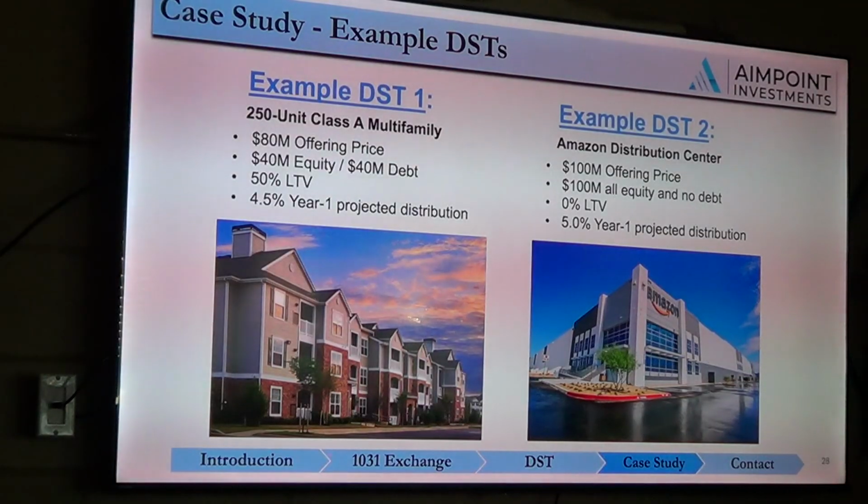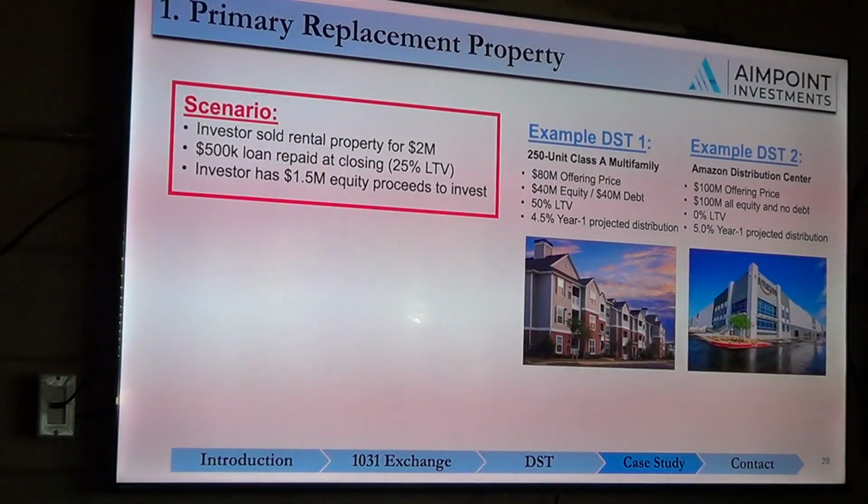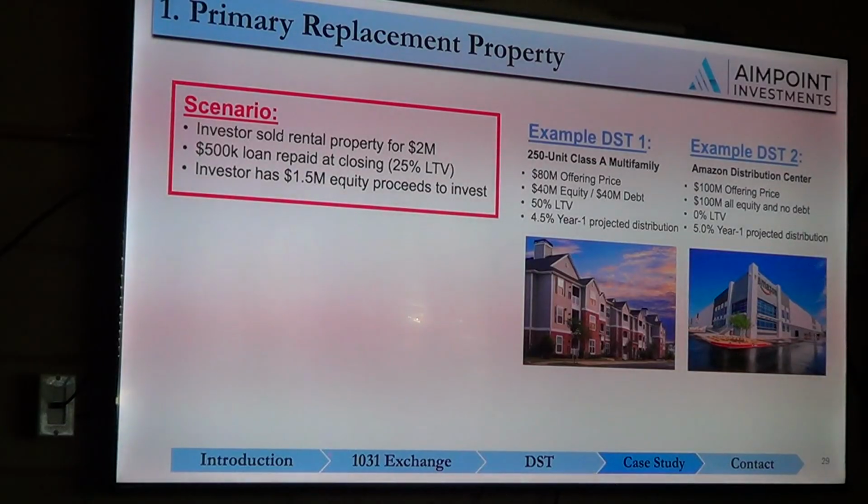So these are the 2 DSTs we have available, and we have now a scenario where someone's going through an exchange. In this case, the scenario is the investor sold a rental property for $2 million, and they had a $500,000 loan balance. So they're retiring about a 25% loan to value. That leaves them with $1.5 million in sales proceeds.